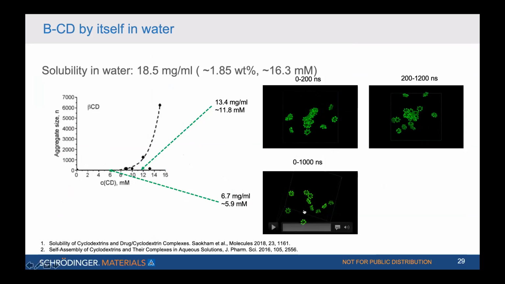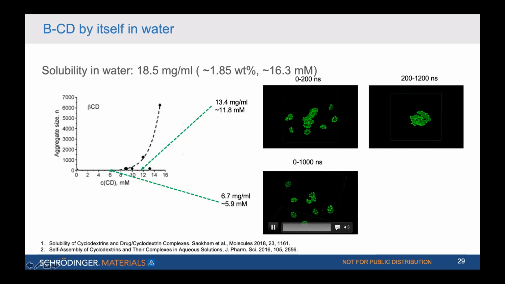In the first movie here, you see that it's above the particular concentration, and you can see the aggregation happening. For the first 200 nanoseconds it was not happening, but from 200 to 1200 nanoseconds you can see the aggregation happening. It's forming a nice aggregate above the critical concentration. So here is the critical concentration. Anything above this concentration is going to aggregate like this. You can see the aggregate size. So why it is aggregating and how it is aggregating can be visualized.